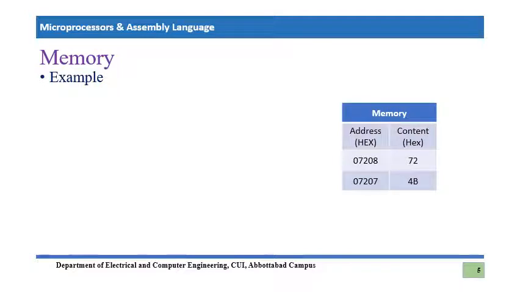in which we can see that there are two memory locations, and each of them has certain content. This is the first memory location, whose address is 7208 hex and the content is 72 hex. This is another memory location and its address is 07207 hex and the content is 4B hex.